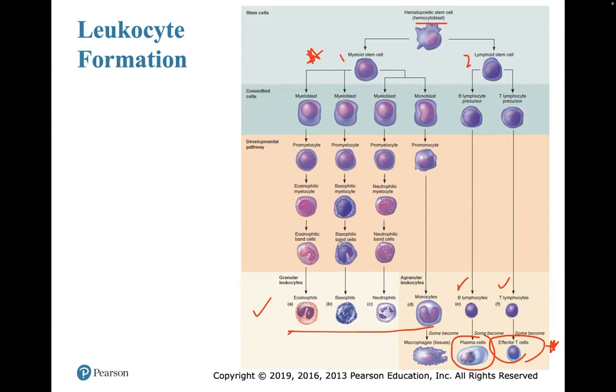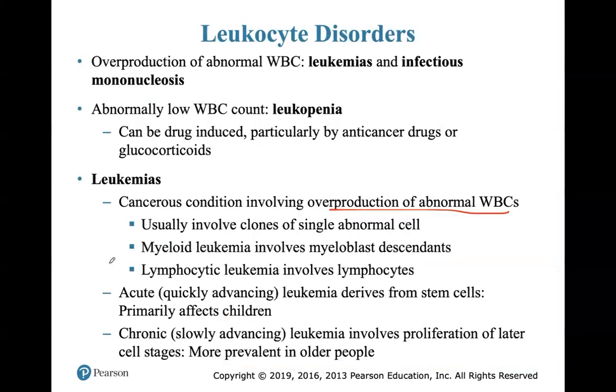So this takes time to get into the later part of the developmental pathway. But in kids, it's pretty acute, so it immediately produces these. The acute, quickly advancing form is seen in kids, but the chronic one, which is slowly advancing, is seen in older people.